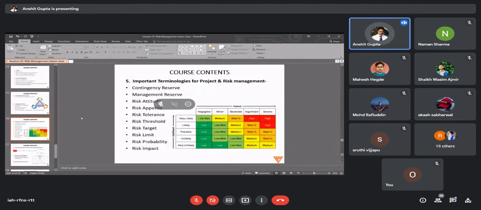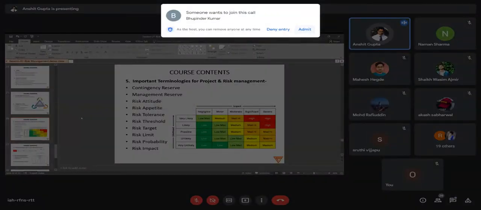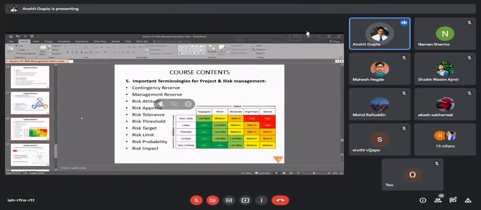Then, before practically preparing the risk register itself, there are hundreds of terms which we need to understand. So we will discuss those terms. That is, what is contingency reserve, management reserve, risk aptitude, risk appetite, risk tolerance, risk threshold, risk target, risk limit, risk probability, risk impact.